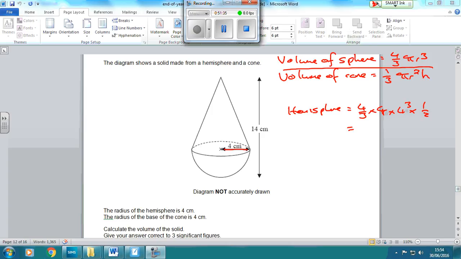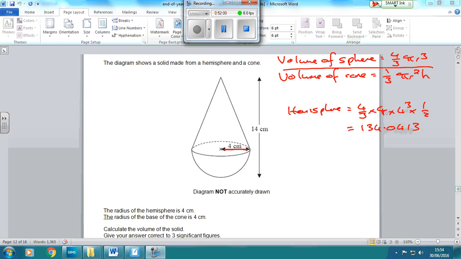If we type into our calculators pi times 4 times 4 times 4 divided by 2, and we get 134.0413.